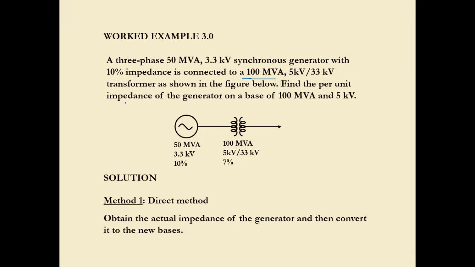Find the PU impedance of the generator on a base of 100 MVA and 5 kV. So now we have a new VA as well as a new V.